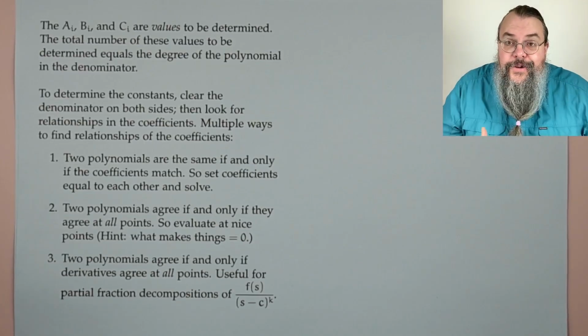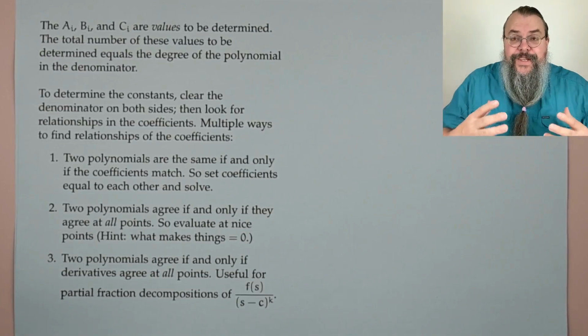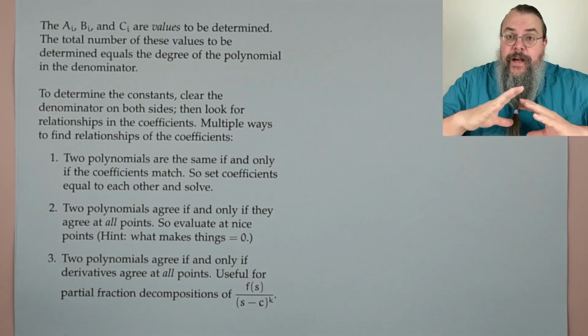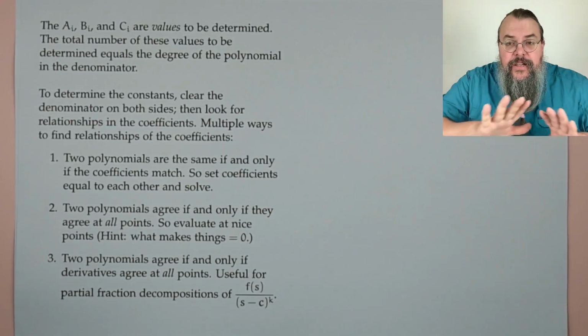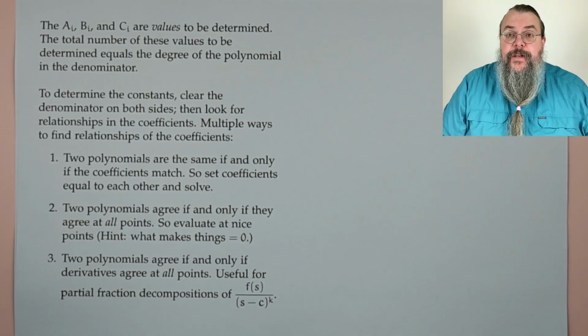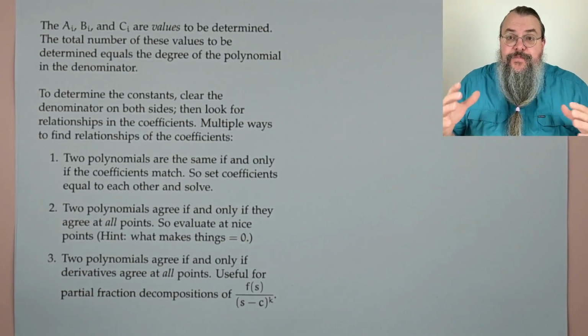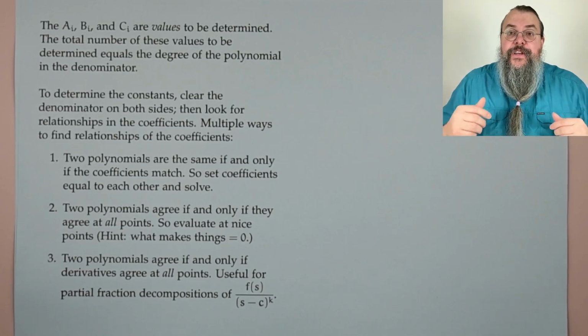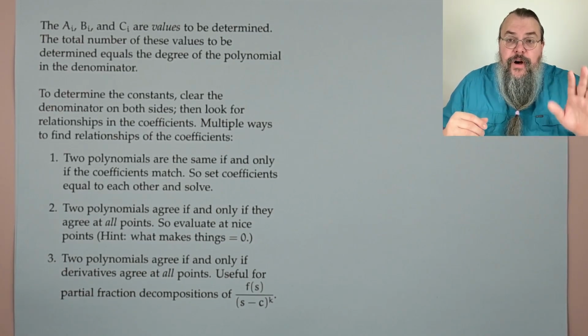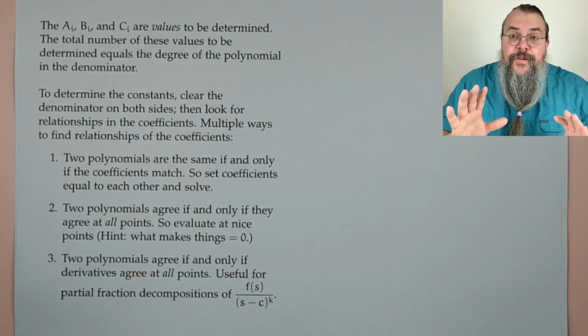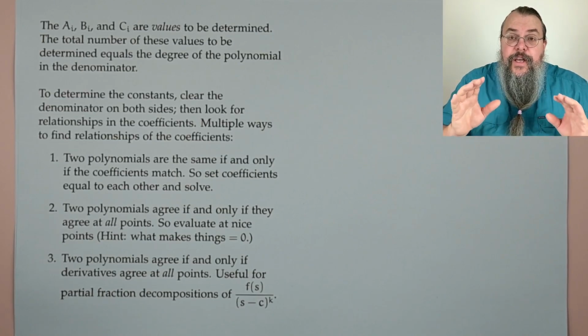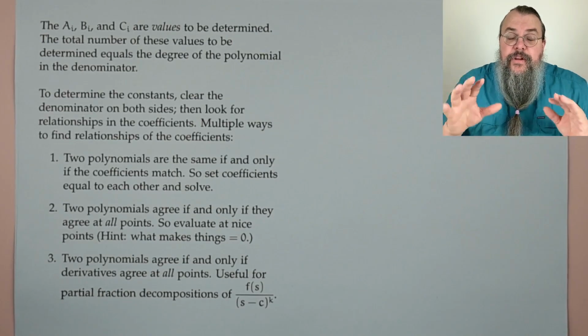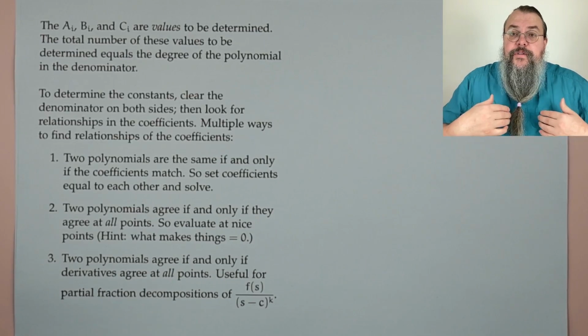Well, how to do it? There's a couple of ways. The way I always start is I say, look, clear out your denominator. And so you multiply both sides by the denominator of what you started with. And now what you'll get is polynomial equals polynomial. And now you say, okay, great. Once I have polynomial equals polynomial, I can use properties of polynomials.